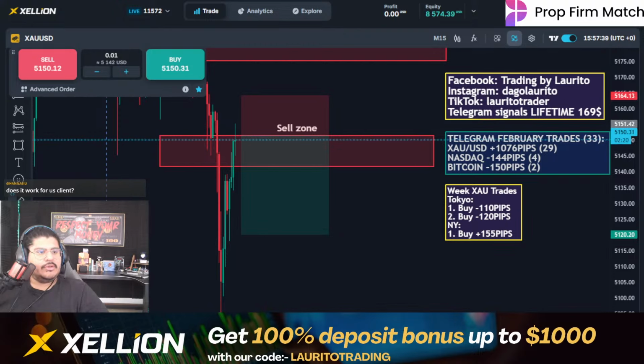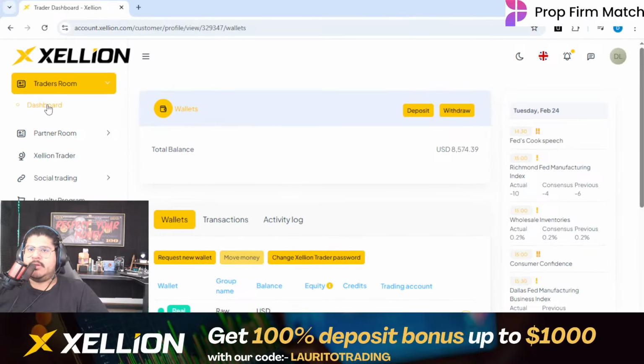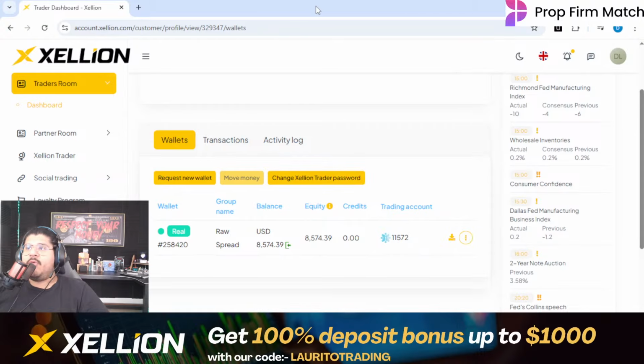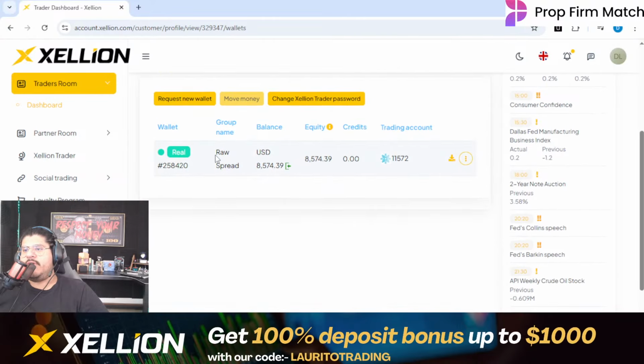Okay, so just be clear of that. The deposit is there. Just go into the transactions dashboard, deposit, and then you will receive exactly what you need to send the money.